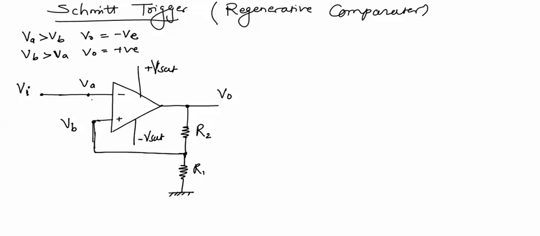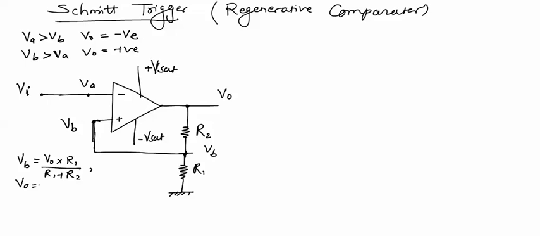At this point the voltage is VB, and this voltage VB can be calculated by the potential division rule. We get VB equal to V naught into R1 upon R1 plus R2. We know that in this equation VB depends on V naught, and V naught can have two different values.